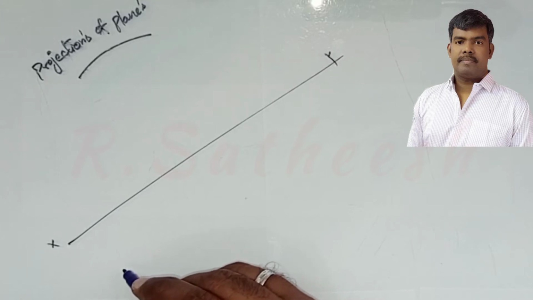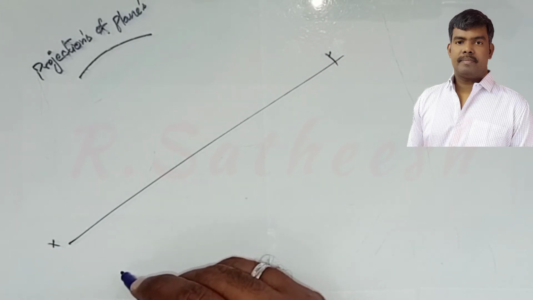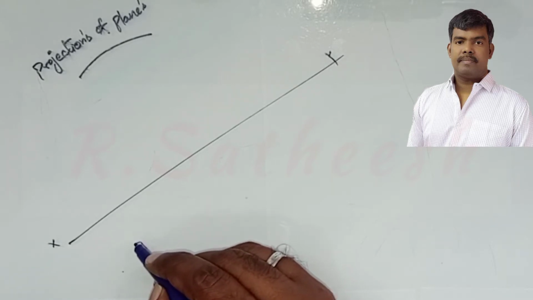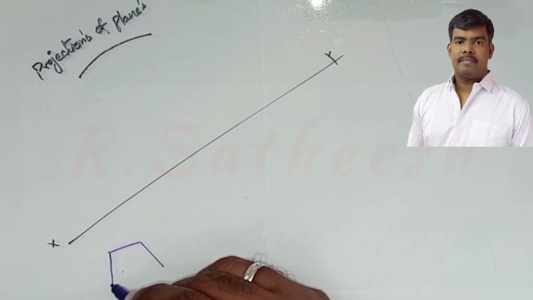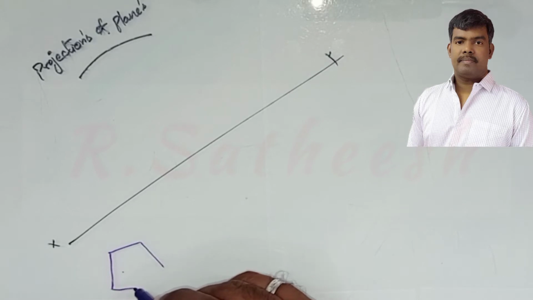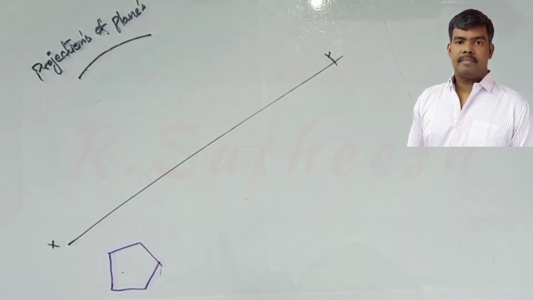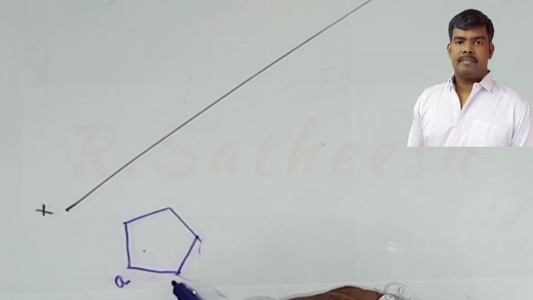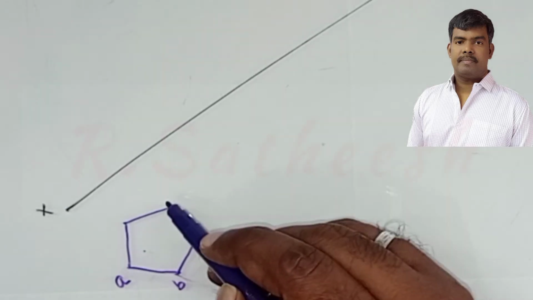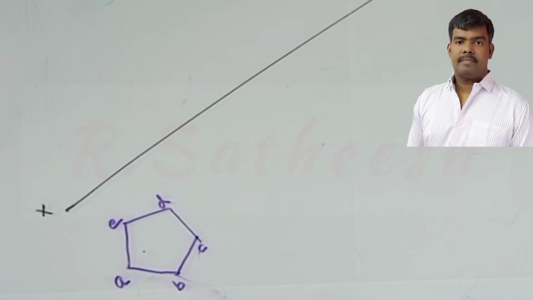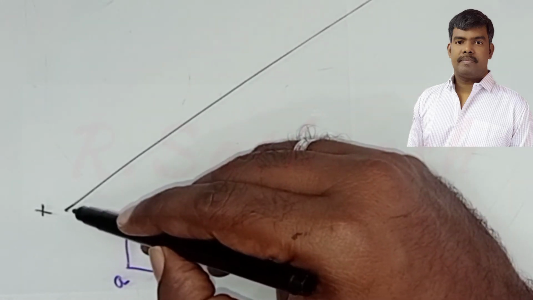So draw the top view first. This is the pentagon position. The corner you consider is on the left side. This is A, B, C, D, E. Then you draw the projection lines.